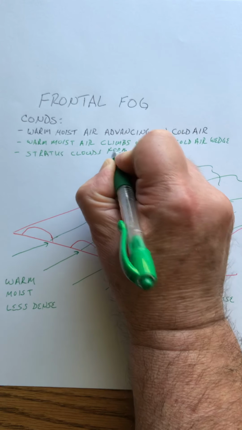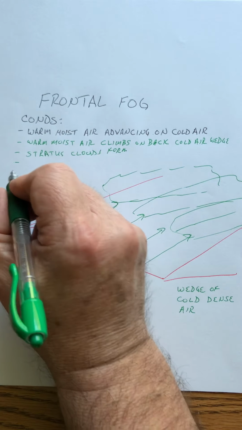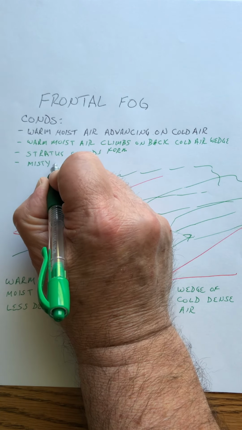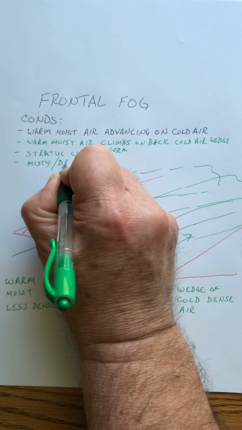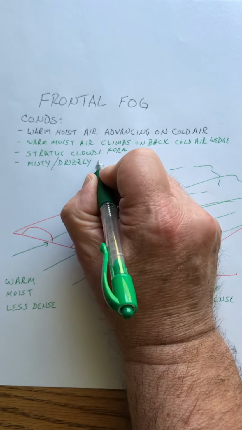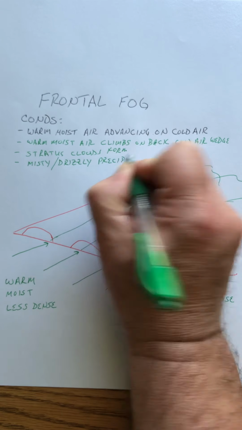All right, and the stratus clouds are then going to precipitate out some little misty, drizzly precipitation. So little tiny water droplets falling below the cloud base.